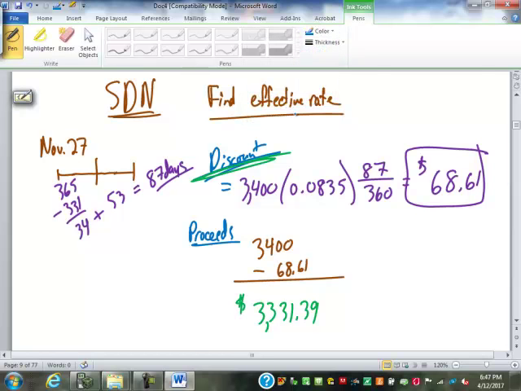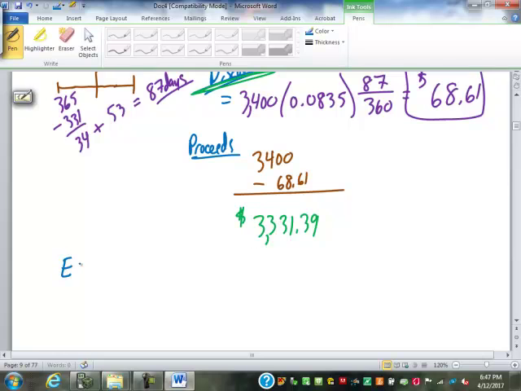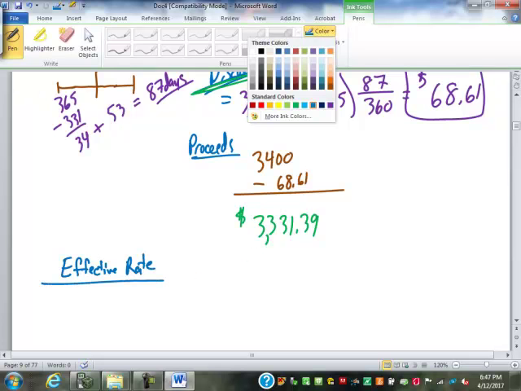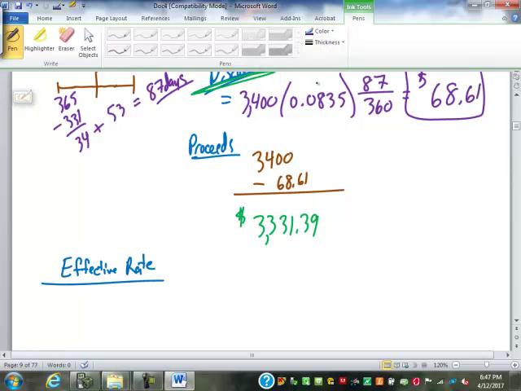Next step. Effective rate. Tell me what to do. Take that 3,331. Hold on, you're a step ahead of yourself. Okay, on the left though, you got 68.61. There we go.